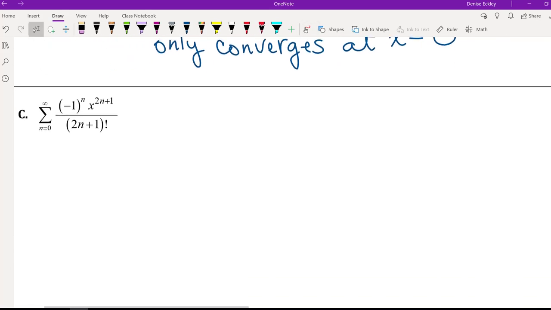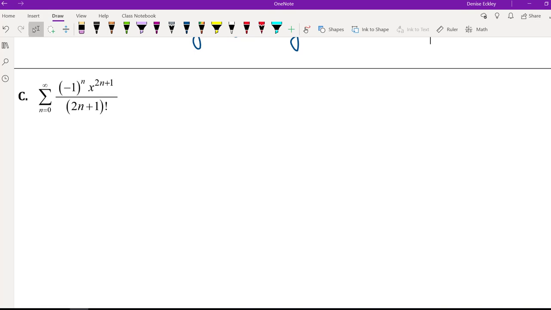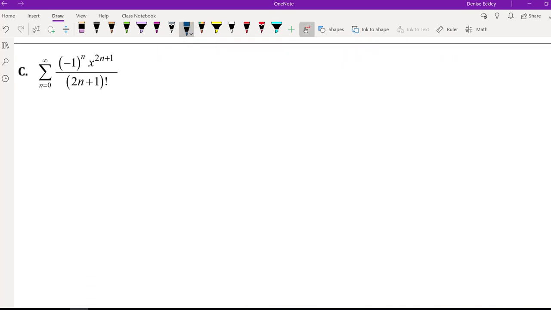Right, letter C. Now we have negative 1 to the 2n plus 1 over 2n plus 1 factorial. So again, we're going to start by doing our ratio test. So I'm going to take the limit as n approaches infinity of... Now, instead of writing it as a giant fraction, I'm going to multiply by the reciprocal using the n term.